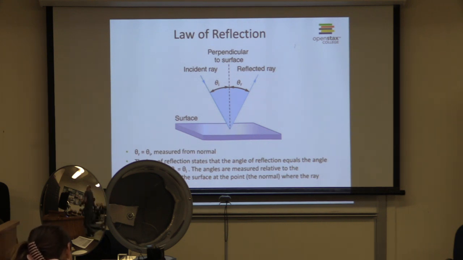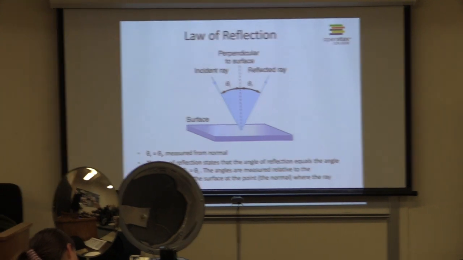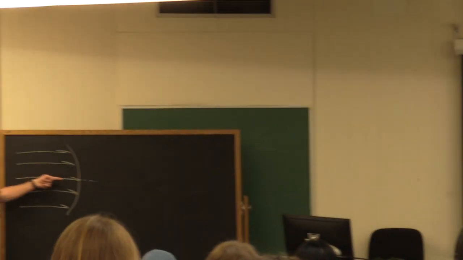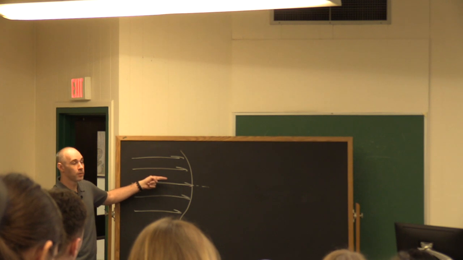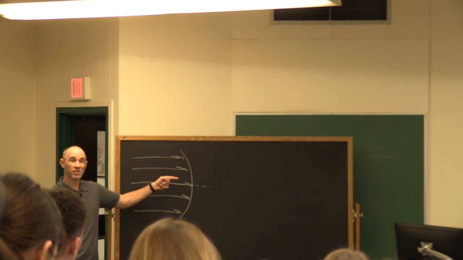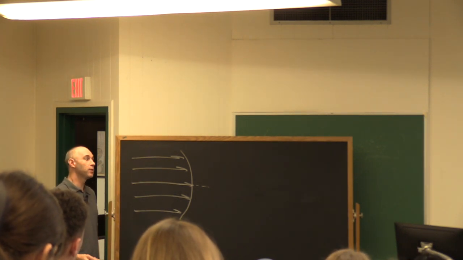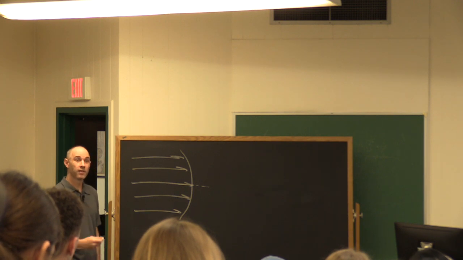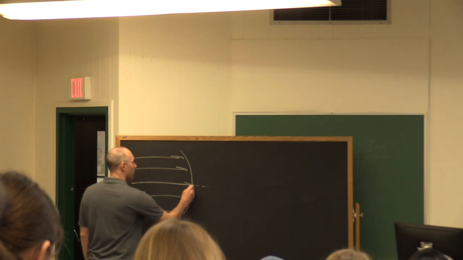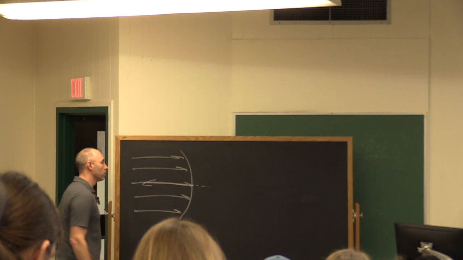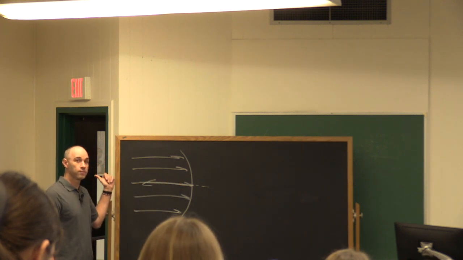So in this case, the normal is radial to the circle. So if I'm going straight in, right at the middle, the normal is straight in. So that light ray is right on the normal, which means that the angle between the incoming light ray and the normal is 0 degrees, which means the angle between the outgoing light ray and the normal would be 0 degrees. So it's going to come straight back out. Light ray goes in, light ray comes straight back out.